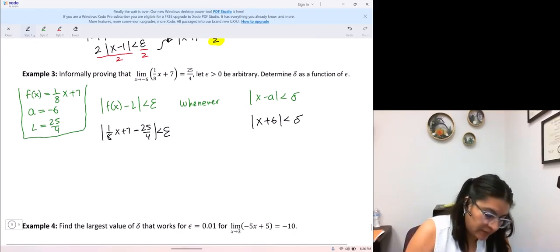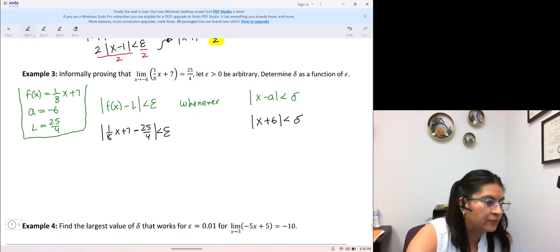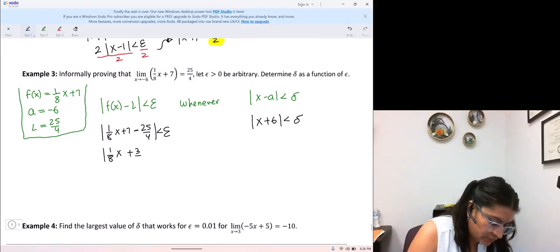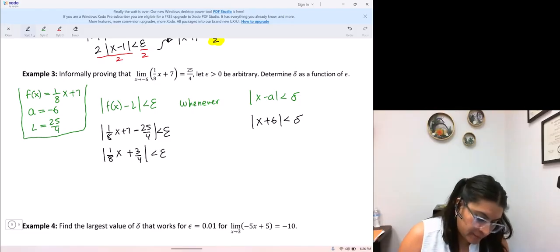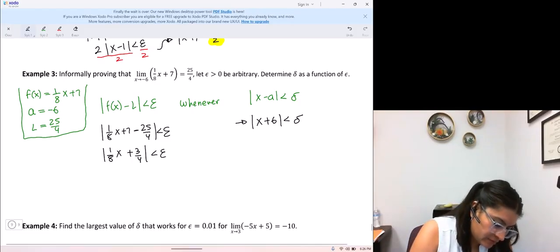Now let's simplify. The 7 minus 25 over 4 is 3 over 4. That's an epsilon.